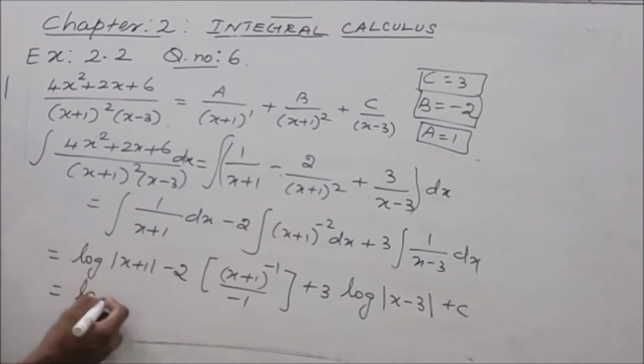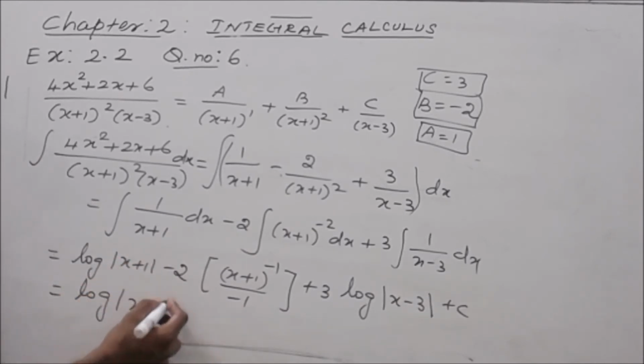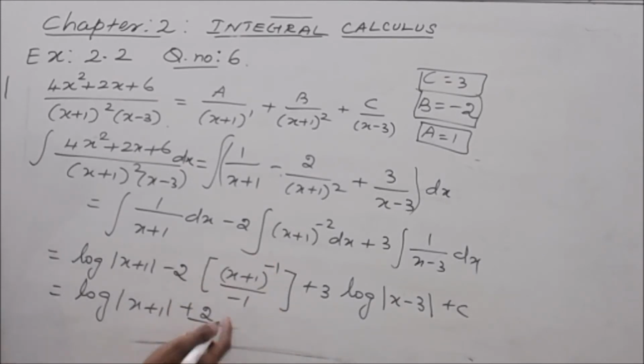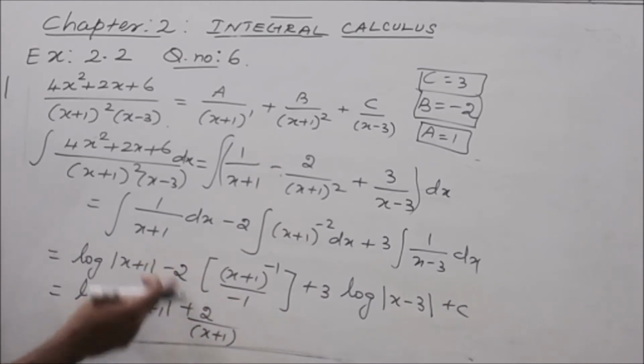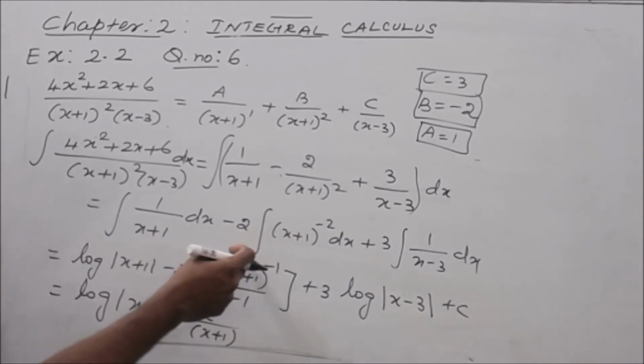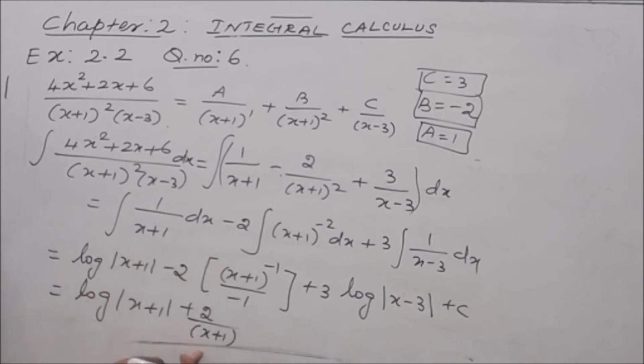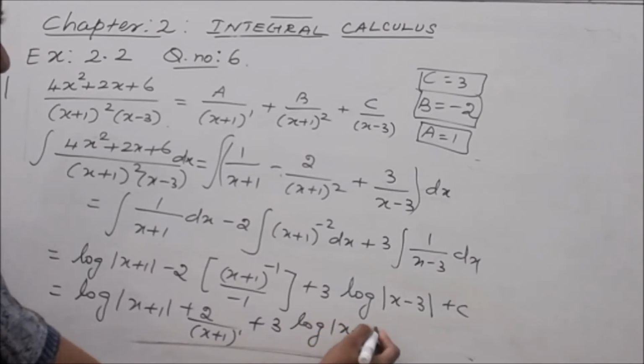So log of modulus of x plus 1 plus 2 by x plus 1 whole power 1, and in the denominator it is minus 1, so minus 2 becomes plus 2. So x plus 1 whole power minus 1 is 1 by x plus 1. Now plus 3 into log of modulus of x minus 3 plus c is the final answer.